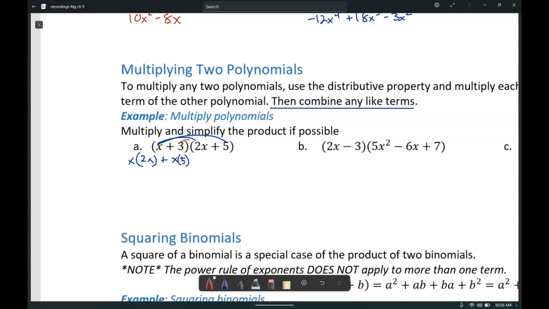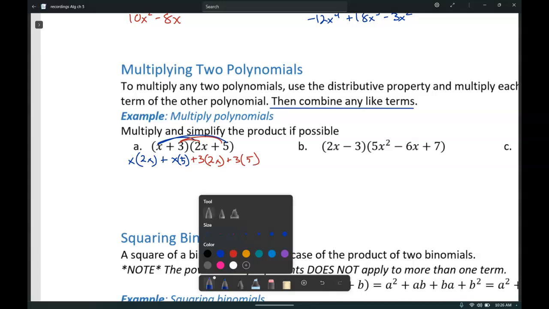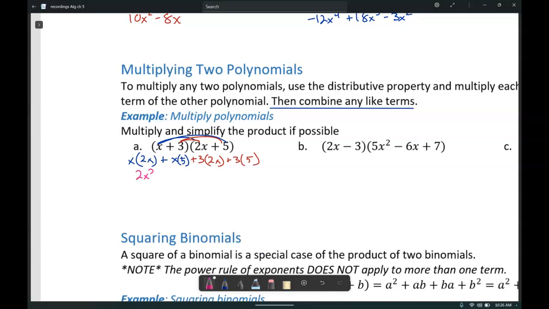And then 3 will do the same thing. 3 will be multiplied by 2x. And 3 will be multiplied by 5. So we will have 2x squared plus 5x plus 6x plus 15, 2x squared plus 11x plus 15.